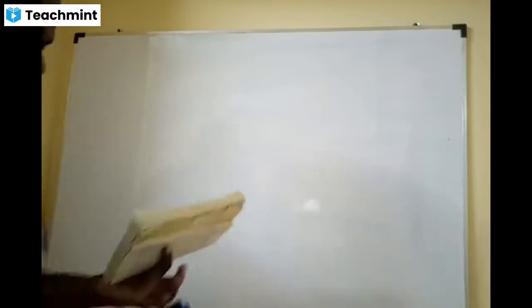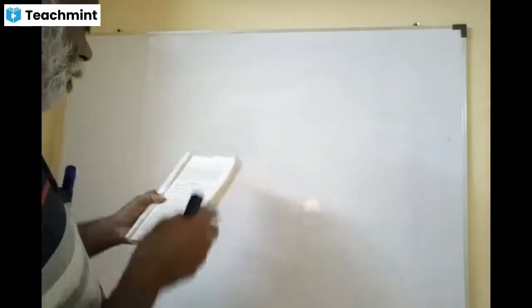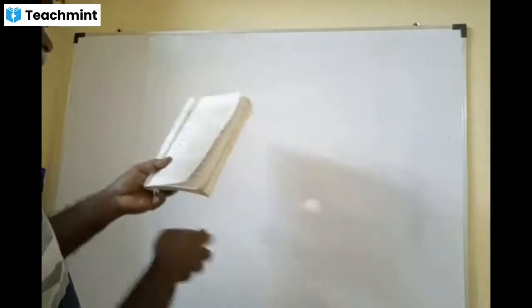Fifth. Here, R is on a set of human beings.